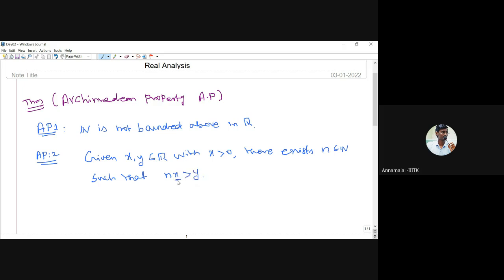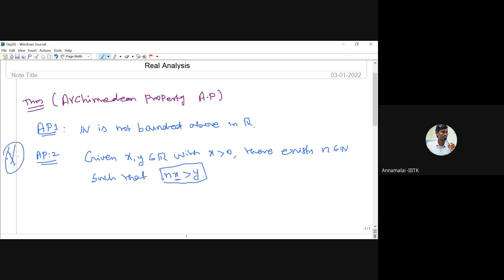So given any two real numbers with x positive, we can find a natural number n such that nx is greater than y. It's a very, very important property.